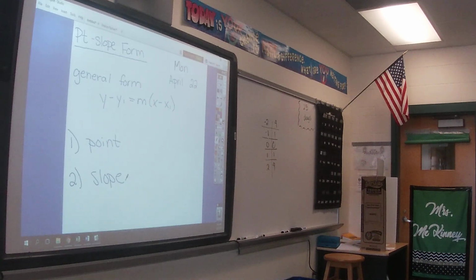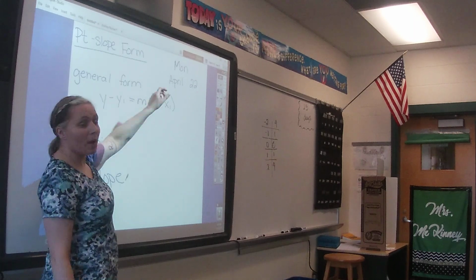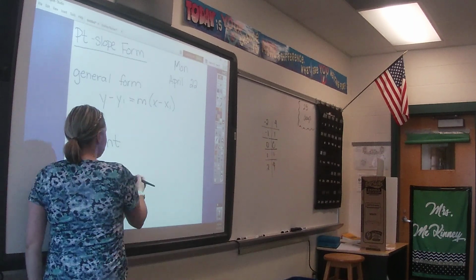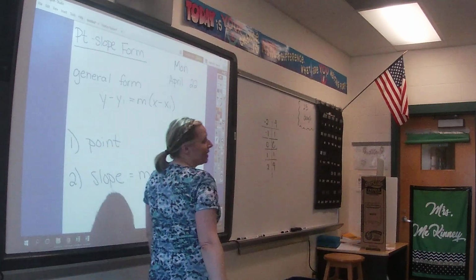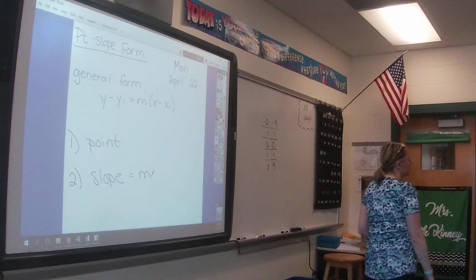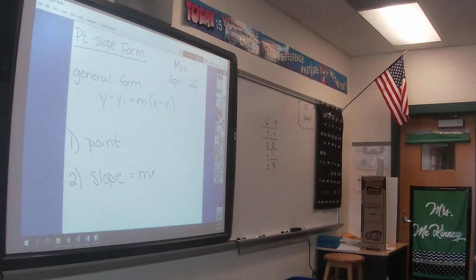Just like it has been, slope is still going to be represented by the letter m. So whatever is sitting in front of those parentheses is going to be our slope.